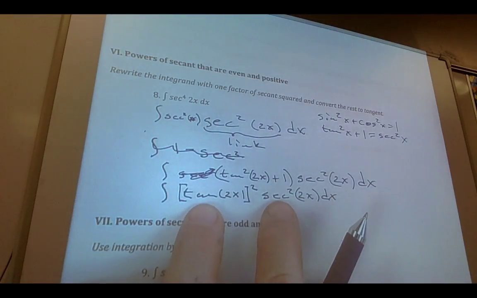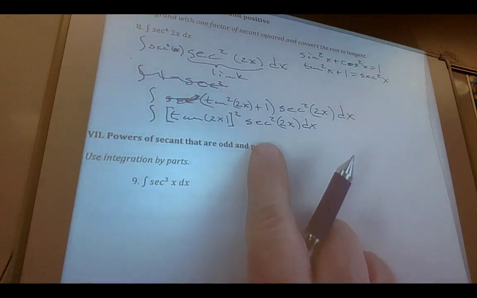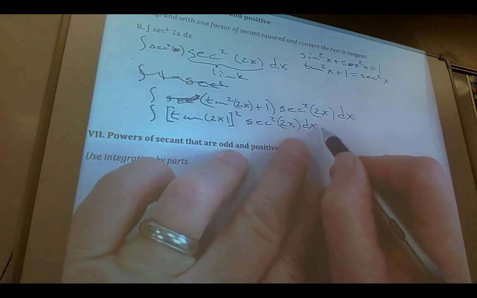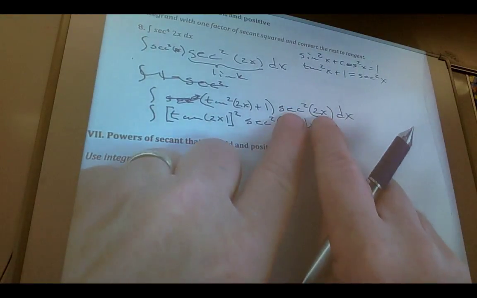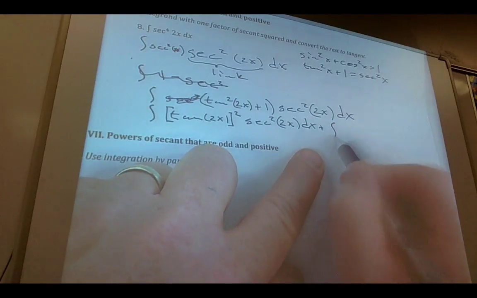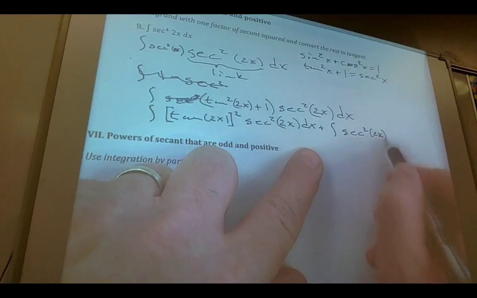And what I mean by that is the derivative of tangent is secant squared. And I'll raise that up. Is that a little bit easier, Flora, to see? Yes. Okay. And then I'm going to have plus. So I'm distributing the secant squared to the 1. The integral of secant squared 2x dx.